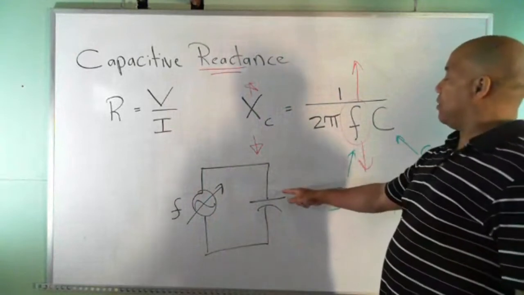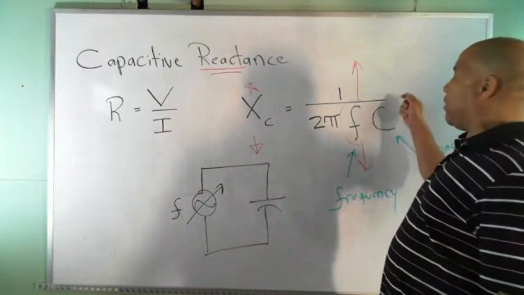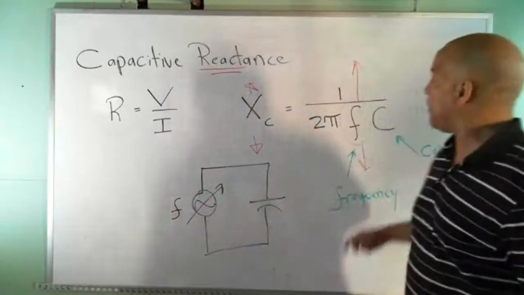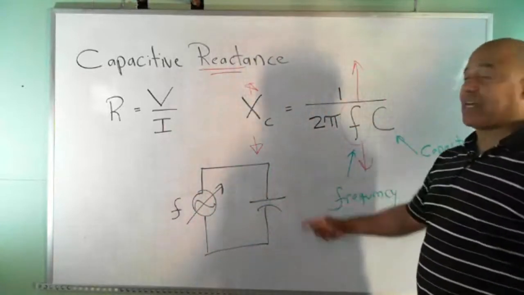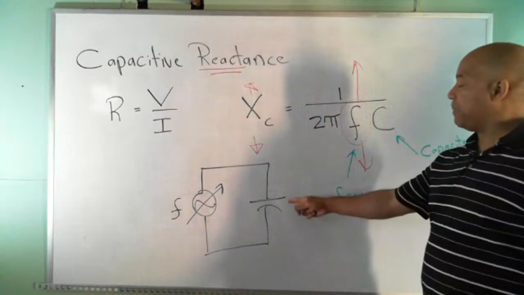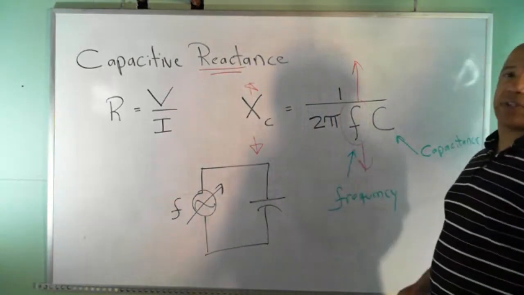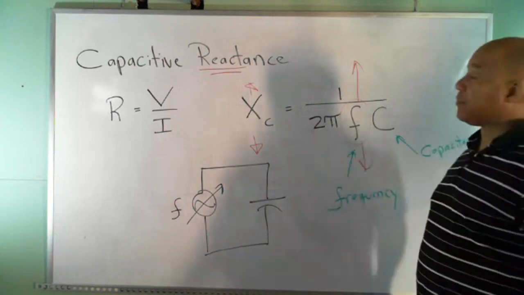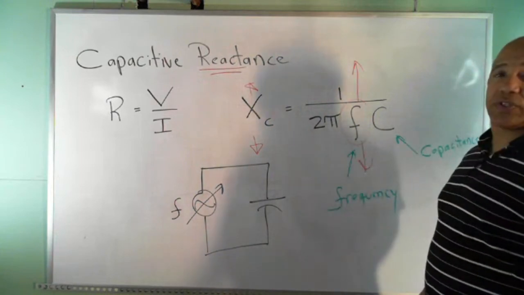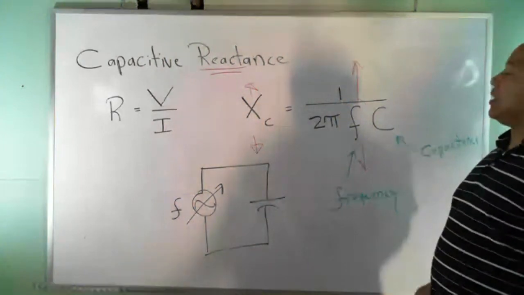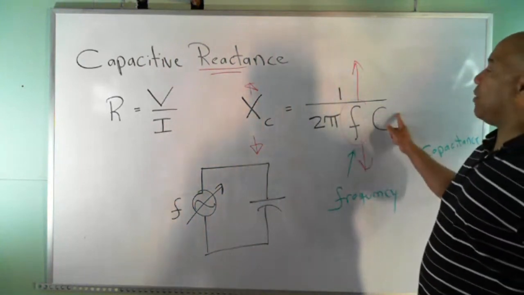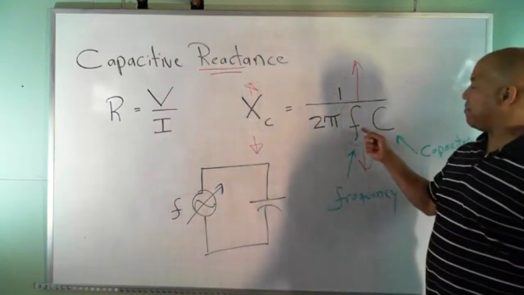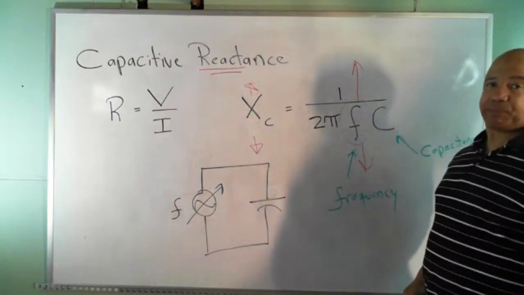So I can use this equation to get one value for XC, so many ohms, and I can turn the frequency knob and change that to another value. I never have to change the component. I can change the opposition just by changing the frequency. That's one big difference between a capacitor and a resistor. In an AC circuit, the ohms of opposition for a capacitor react to the frequency because they're defined by this equation.